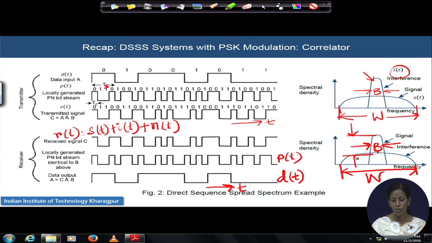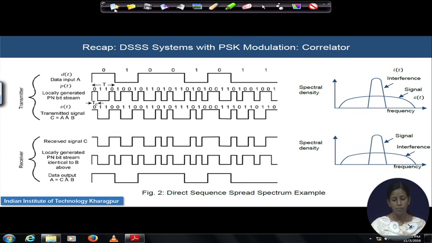This is the margin over which your receiver is operating: your signal power, or SNR, is this much higher compared to the noise or interference power, and based on that you detect your signal. So, this is the fundamental of the transmitter-receiver architecture of a direct sequence spread spectrum system that we discussed in the last module. Here we have recapped it.